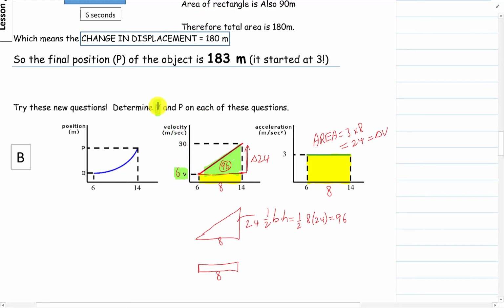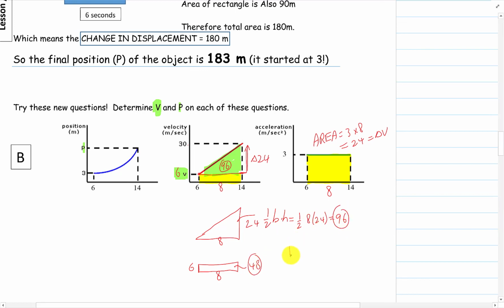We had to figure out B, and now we have to find out P is over there. So that 6 also tells us the height of this, and this is 48. And so here we go. This area is 48, and this is 96.